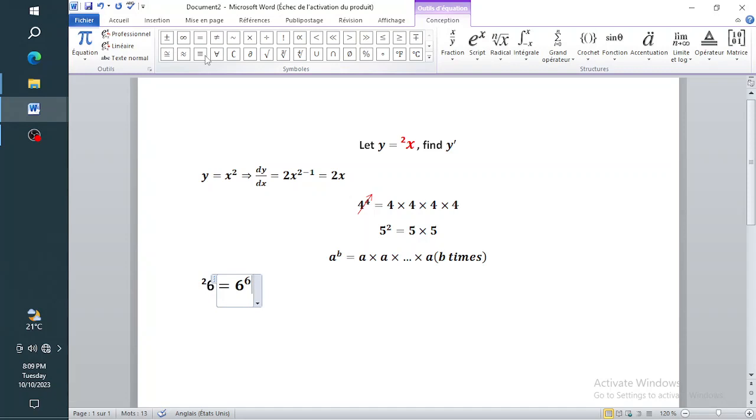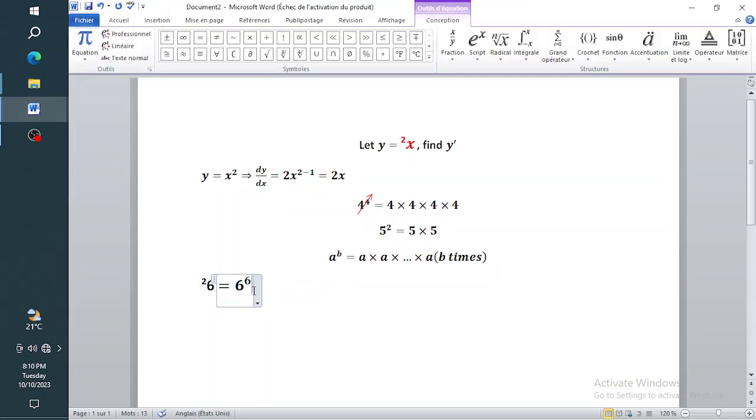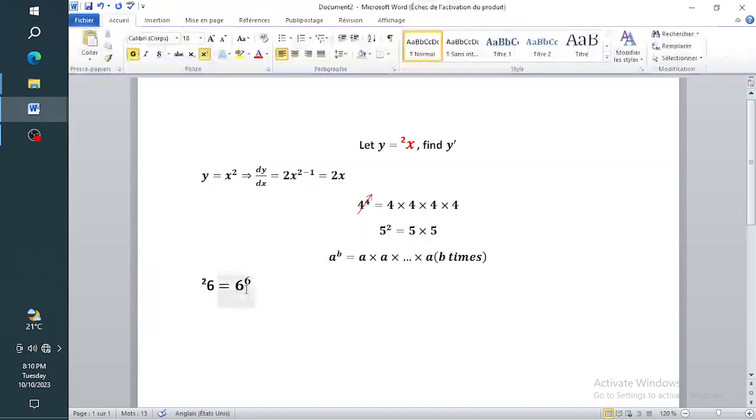It means that in the final result I need to have 6 two times, but I'm carrying out an exponentiation. This 2 here represents the number of 6s I'm going to have in my exponentiation. You see, here we have 6 and 6. There are two 6s, so the 2 represents the two 6s.